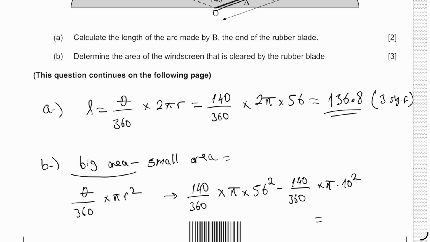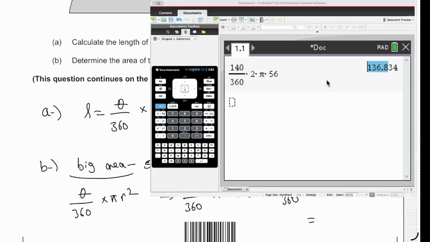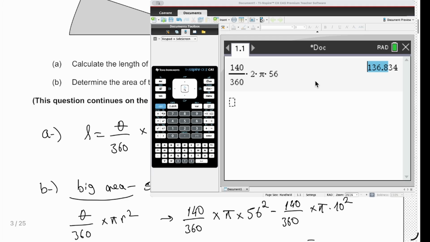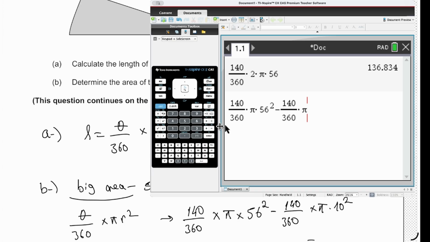And this is going to be equal to, you can do it by calculator. 140 divided by 360 times pi times 56 squared, minus 140 divided by 360 times pi times 10 squared, and enter.